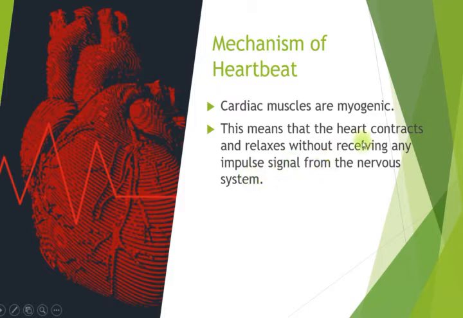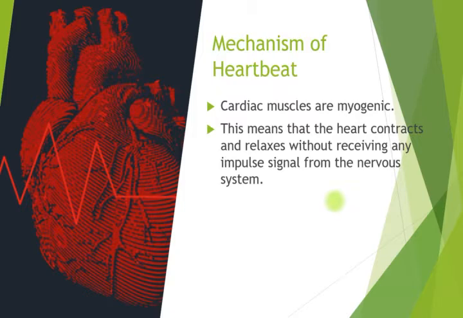In other words, the heart contracts and relaxes automatically, so it does not receive any impulse from the nervous system. That is referred to as myogenic. The heart muscle contracts and relaxes by itself.